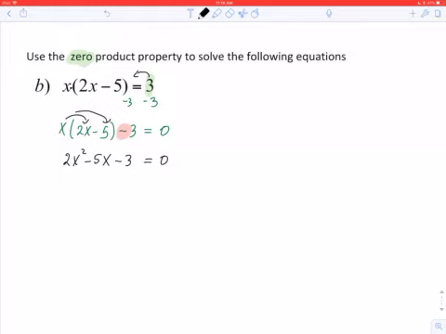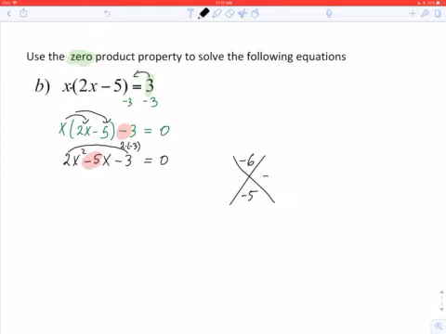And this is a quadratic polynomial, a trinomial. And now we need to have a multiplication on the left side, so we will be factoring the left side. In this case, I will be using the AC method. We're multiplying the 2 times negative 3. That will be my product, negative 6. And the sum is negative 5.